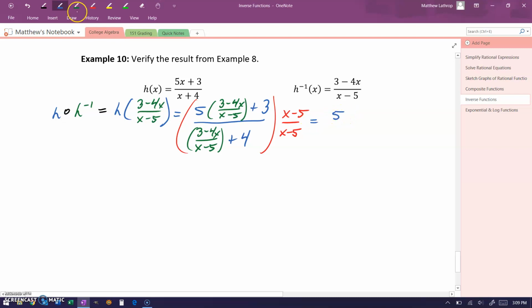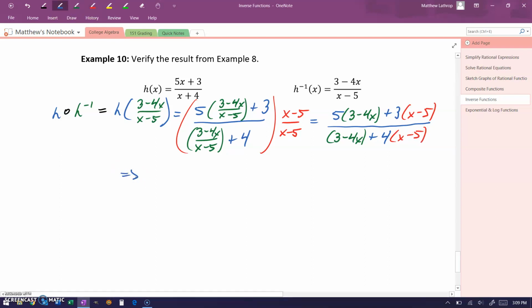This will leave us with 5 just times the quantity 3 minus 4x plus 3 times the quantity x minus 5. In the denominator, we'll have 3 minus 4x plus 4 times the quantity x minus 5.